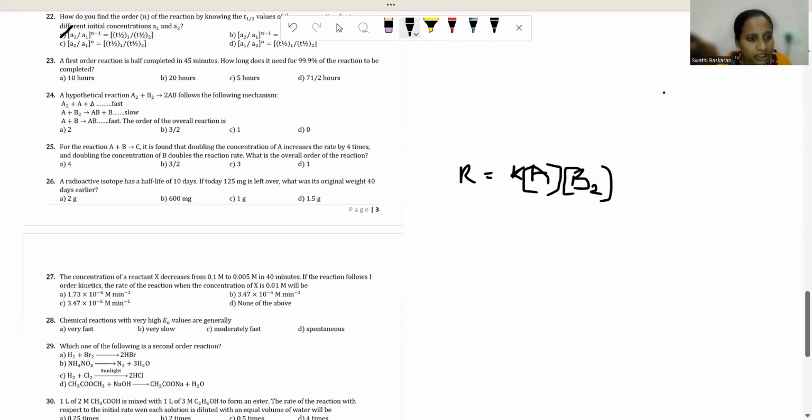How do we determine it? Basically, from the fast step, that is before the slow step, wherever the intermediate is formed. For that step, we basically do K equilibrium. So how do we determine K equilibrium? Let me write, for the first step I'm writing actually.